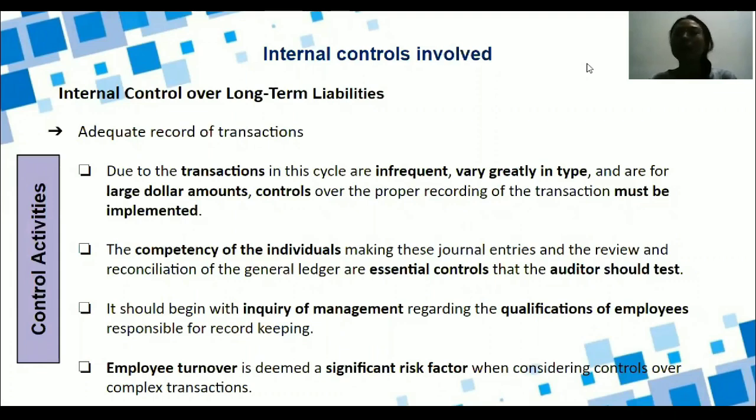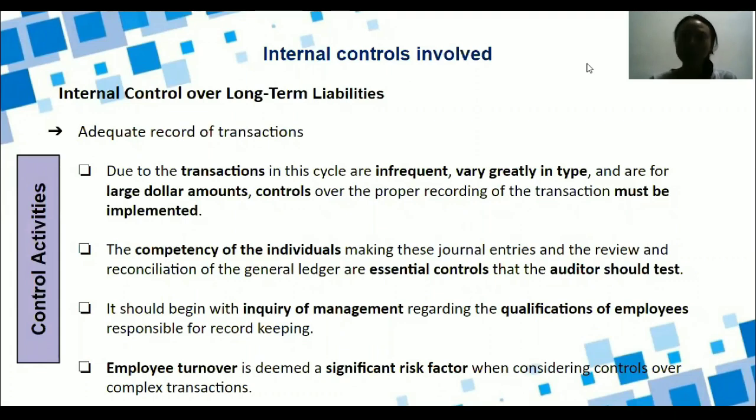The auditor should firstly test the competency of the individuals who are making those journal entries. The auditor can begin by asking the management about the qualification of the employees who are responsible for the record keeping. And employee turnover is very significant in this cycle.